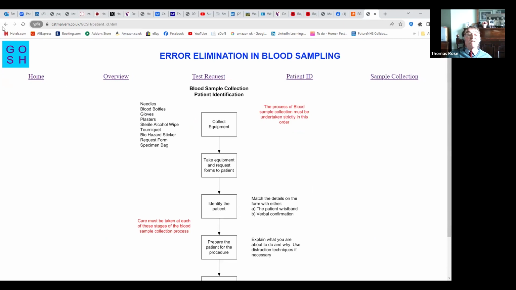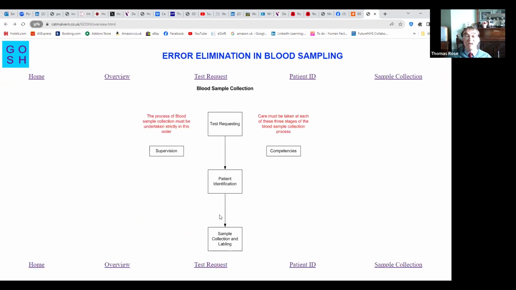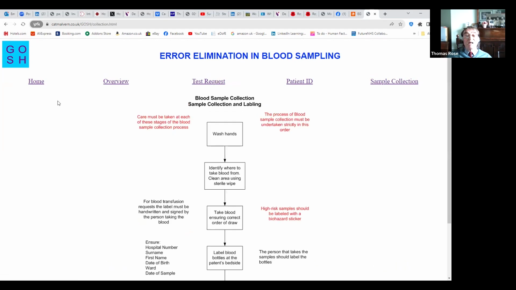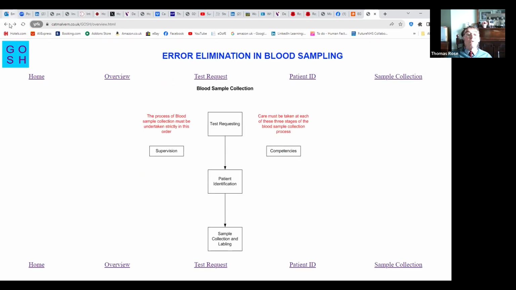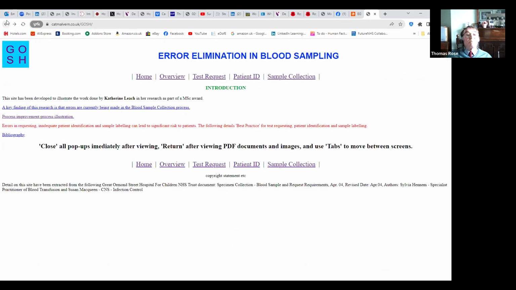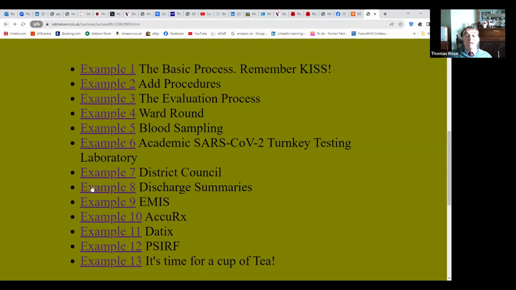And this was done by someone from Great Ormond Street Hospital for her master's degree. She was working on compliance. So that's an example of a process map. I've got one here I did.